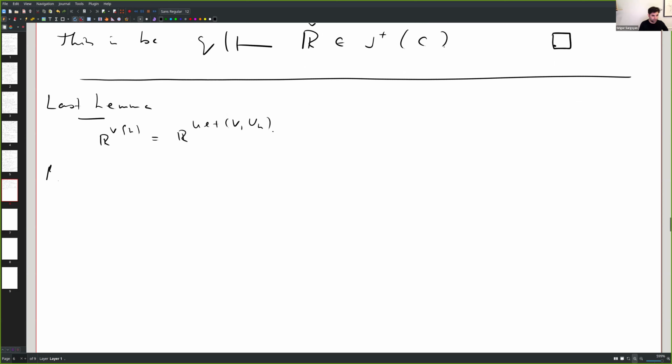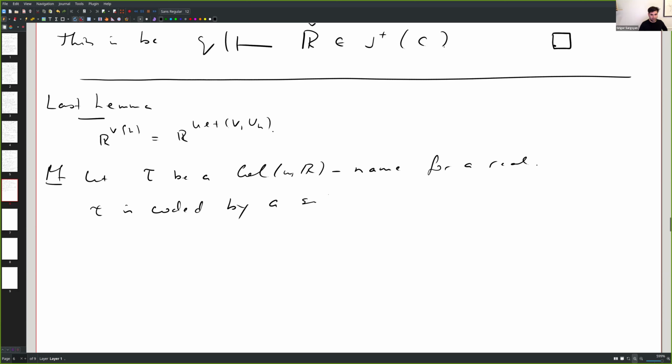So proof that, how the collapse omega R name for a real. How is essentially what? A set of reals is coded by a set of reals.